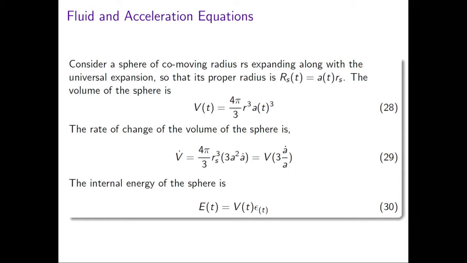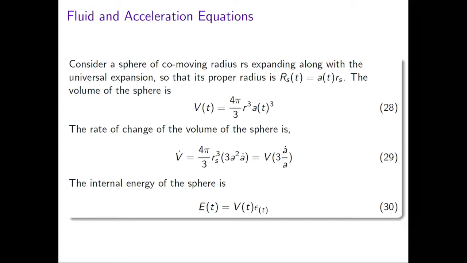The rate of change of volume of the sphere, if we differentiate equation 28, gives V dot equals V times 3 times a dot by a. The internal energy of the sphere is E(t) equals V(t) times the energy density.